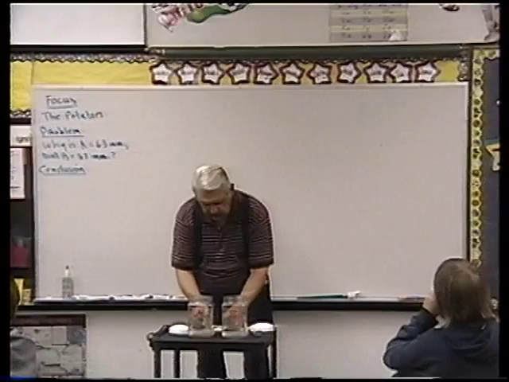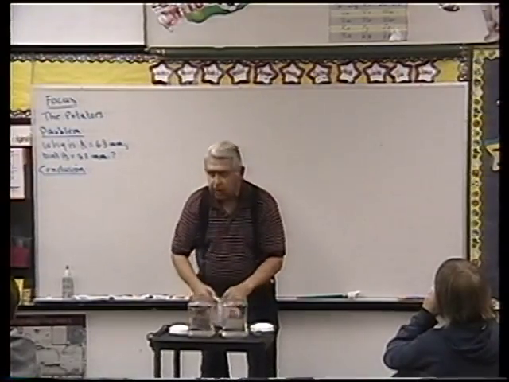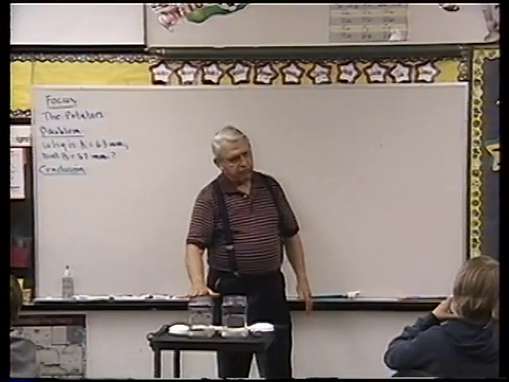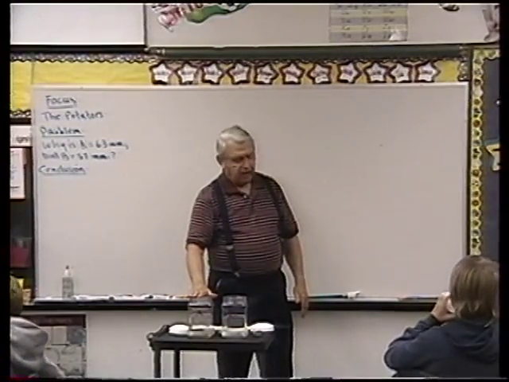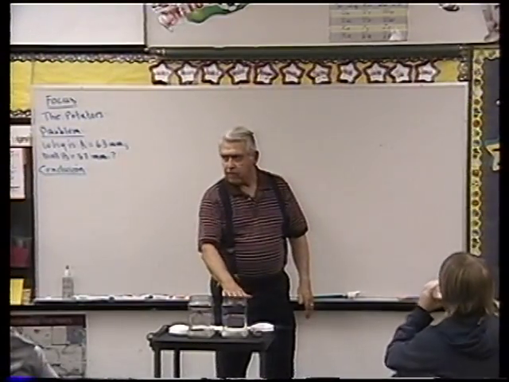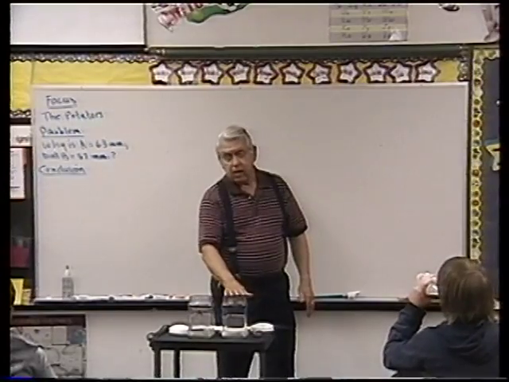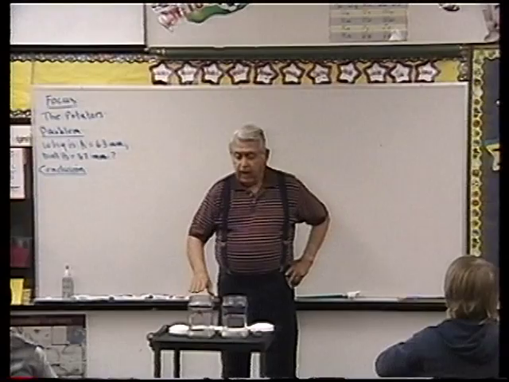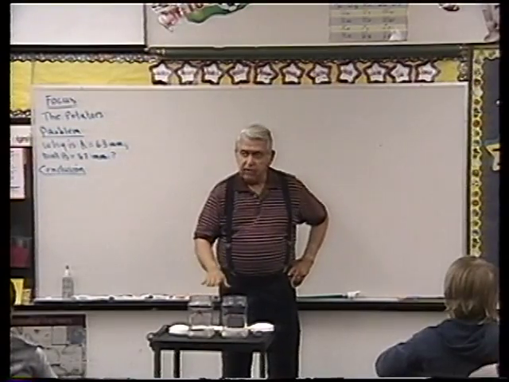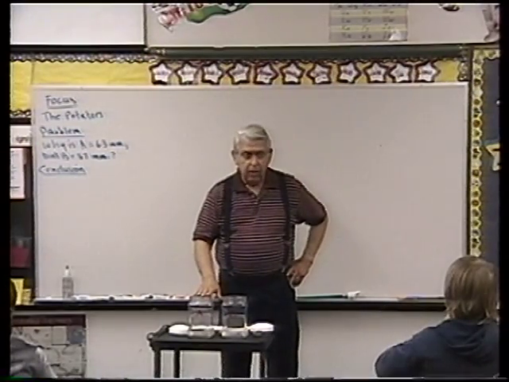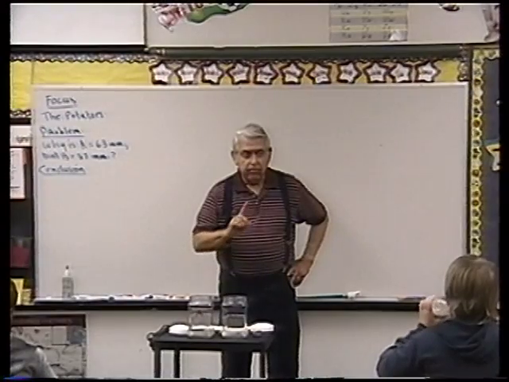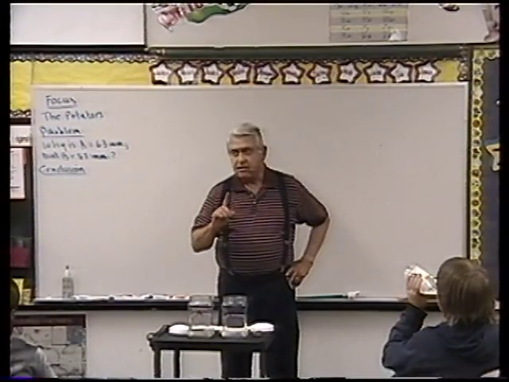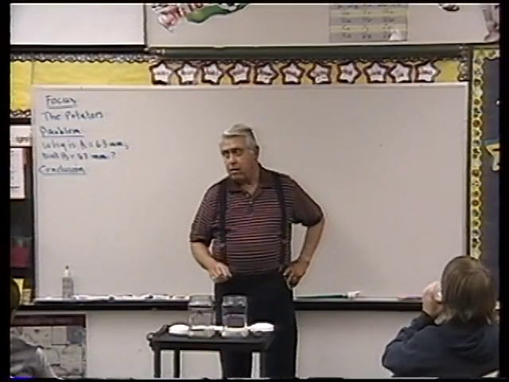Well, there's a reason for that, and it's the manipulated variable. In every scientific experiment, you have a control group, which in this case is A, and you have an experimental group, at least one, in this case it's B. And then you treat both of them exactly the same, but they're different in only one way, and that's the manipulated variable.